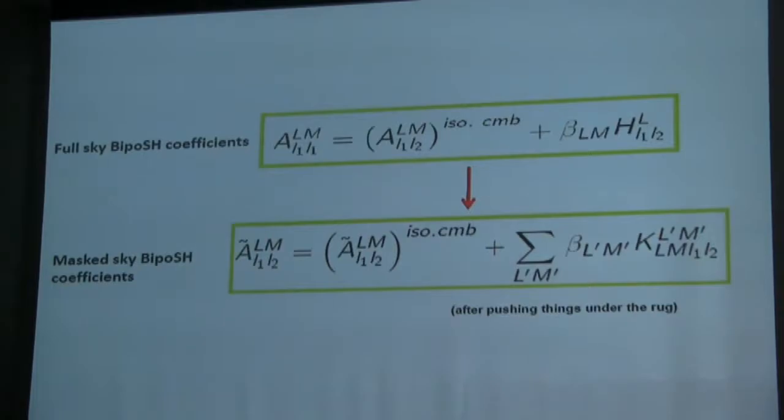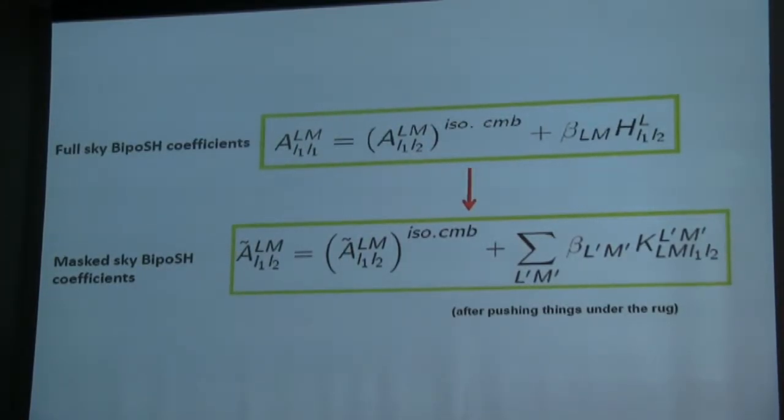So basically you have a general form for these isotropy violating fields in the full sky case, but in the masked case, you can just put those things into some symbols, and you have a nearly similar form if you keep only the first order isotropy violating fields.